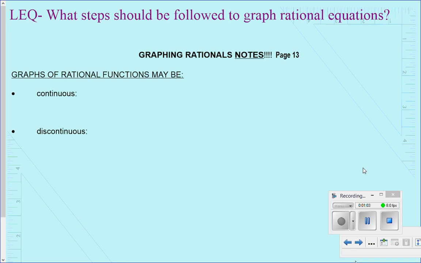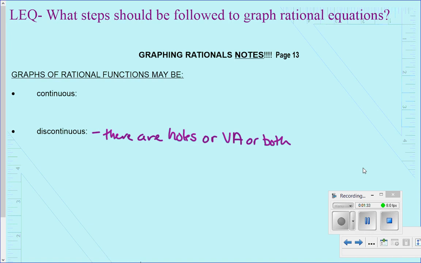So discontinuous means that there are what we call holes, which I'll talk about some more in a moment, or vertical asymptotes, or both. If there are holes or vertical asymptotes, or a few holes or a few vertical asymptotes, or one of each, the graph is considered discontinuous.